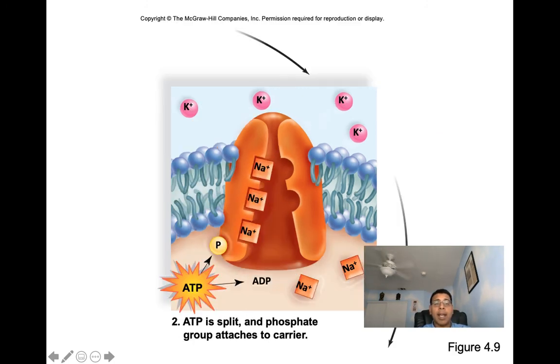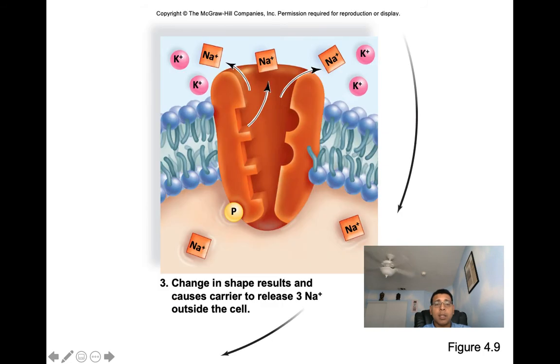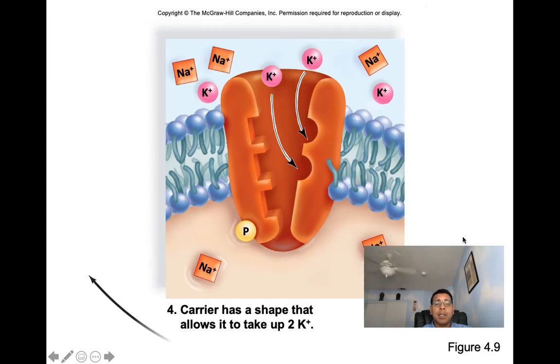So let's look at that happen. 3 sodiums assume their seat. It becomes phosphorylated. The ATP gives up its phosphate, becomes ADP, and now you can think of this pump as charged, ready to elicit this action. Now look at the shape changes. Sodium makes its way out, okay? And then potassium is going to take its seat while the door is open on that side.